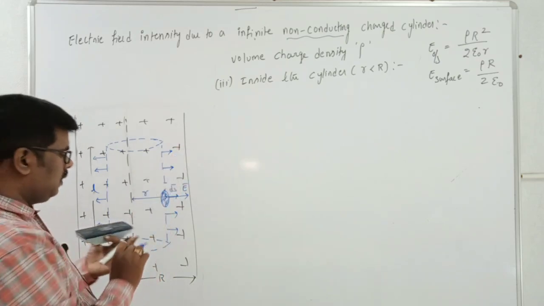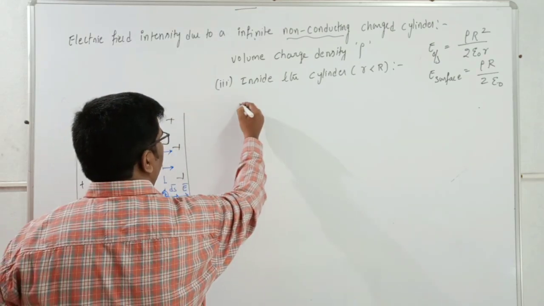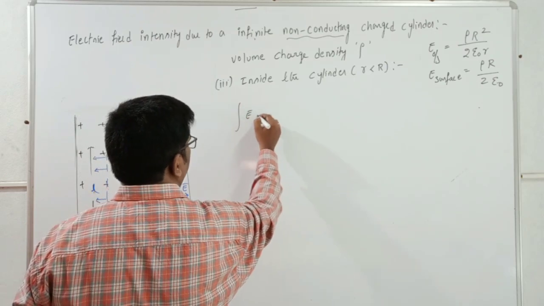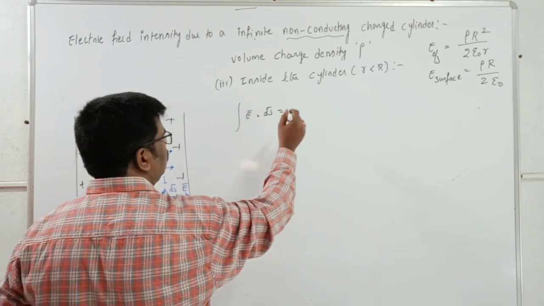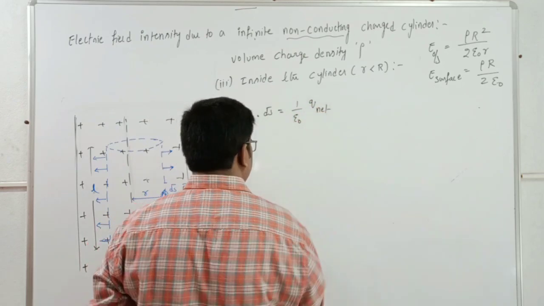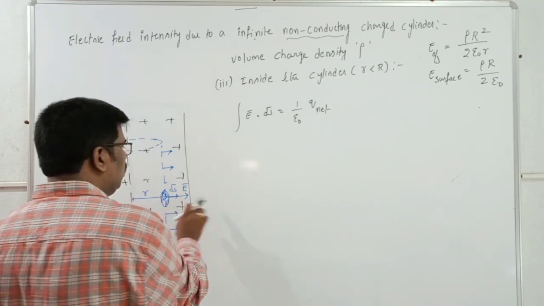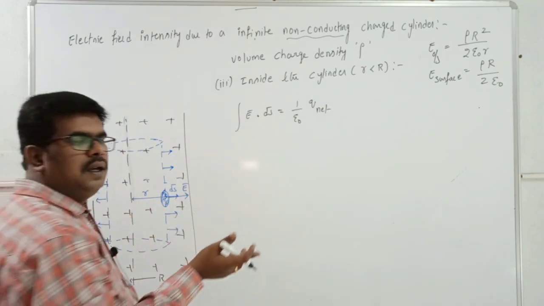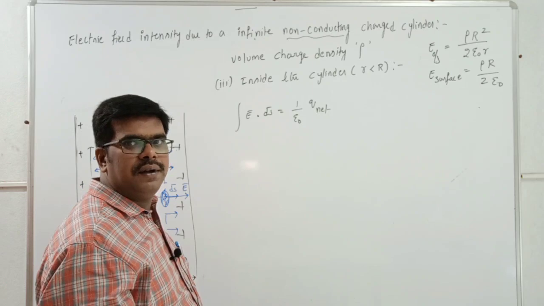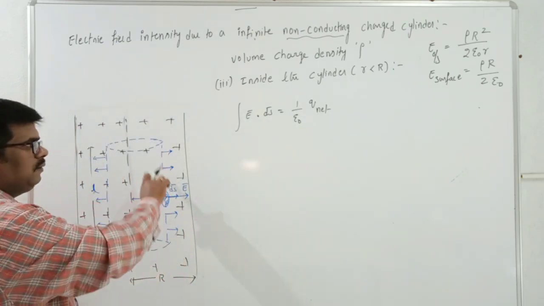Now the procedure we are going to follow, first one, applying the Gauss law. According to Gauss law, integral E bar dot dS bar equals 1 by epsilon naught times q net. So E bar dot dS bar, both are along the same direction, means E dS cos 0, and cos 0 is 1, and E remains constant at every point over the surface.